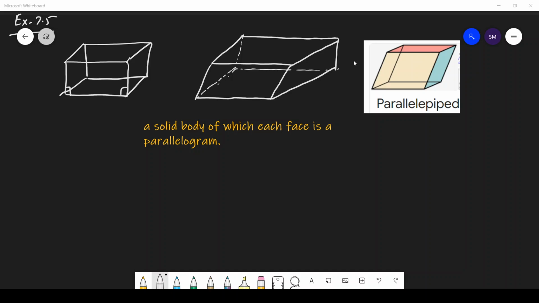This is what our question is: show that A dot B cross C is equal in magnitude to it. Like the earlier question, where the magnitude of A cross B was the area of the parallelogram, now the question is that it is equal in magnitude to this.